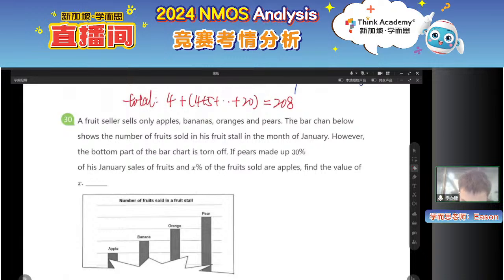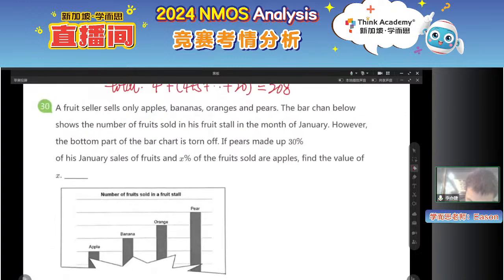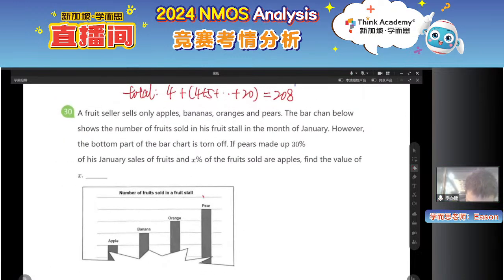Question 30. The bar chart below shows the number of fruit. The bottom part, pears, is 30%. We want to know the x.